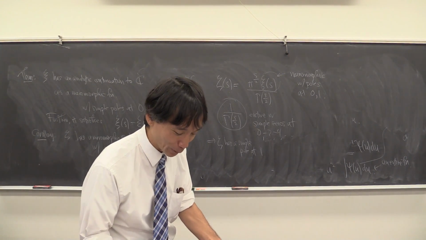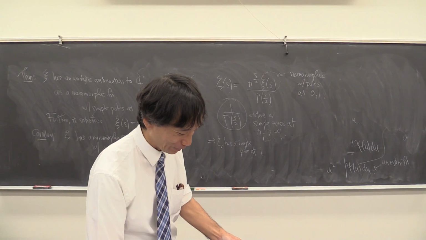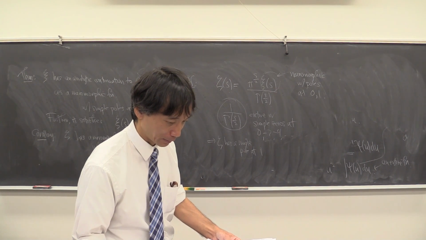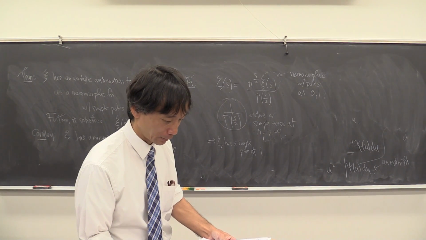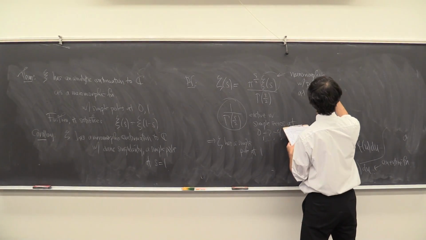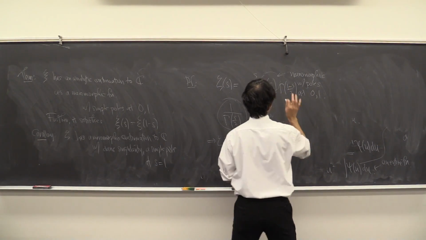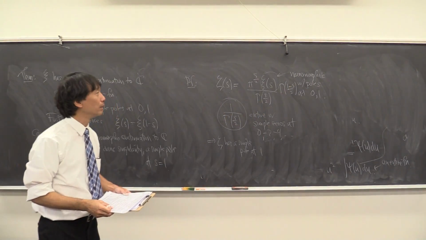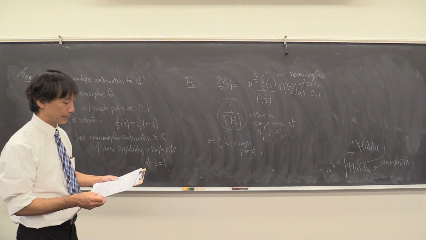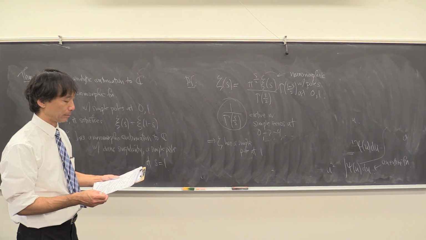That is maybe the appropriate way to end the course. Right. We need gamma of 1 minus s over 2. Right. Thank you.